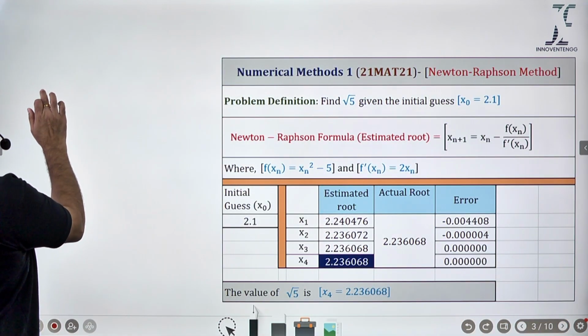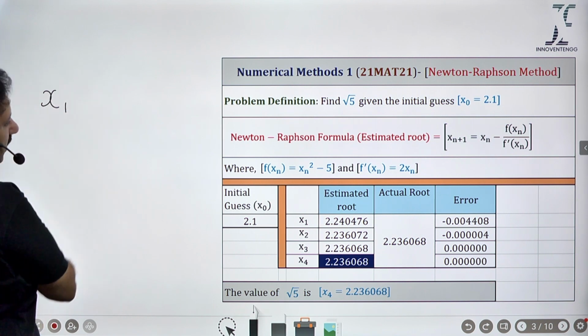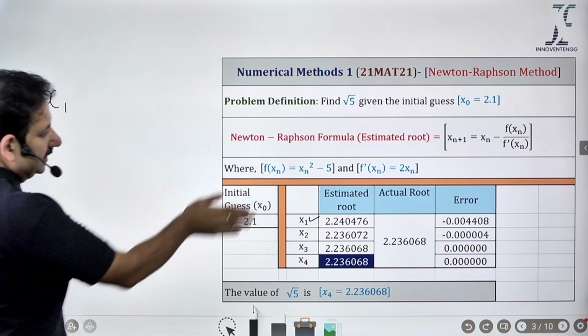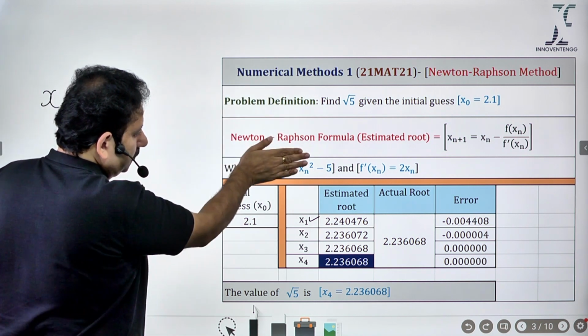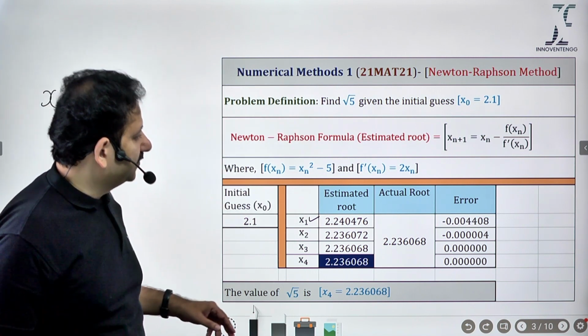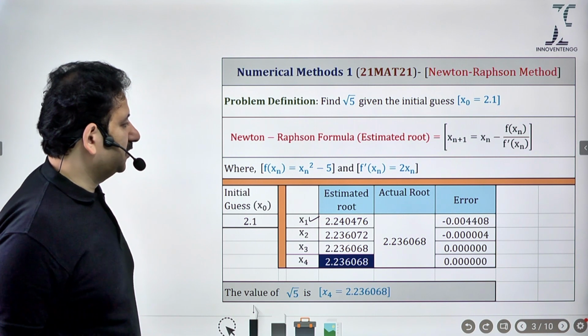So the first estimated root, that is x1, if I am talking about, this is my first estimation. Observe this carefully. I think these things are absolutely clear to you. We have explained everything. So the problem definition, the general formula for Newton-Raphson method.